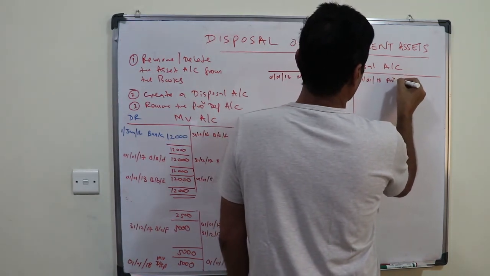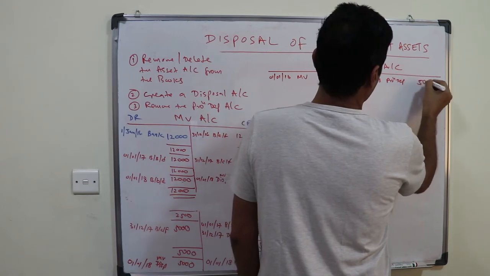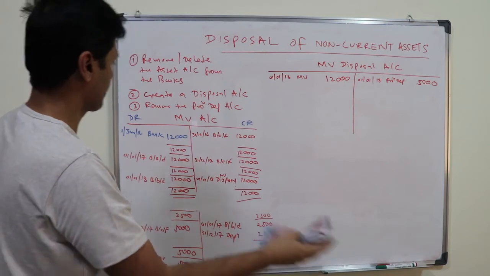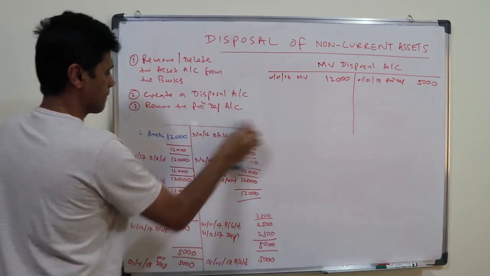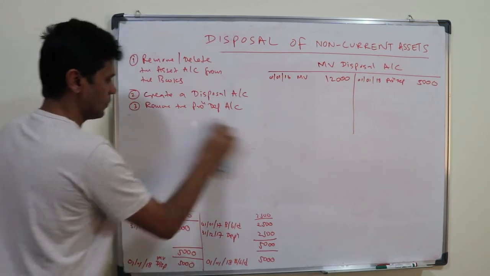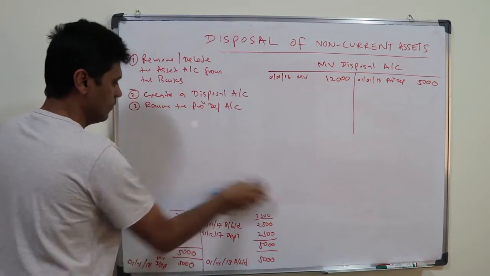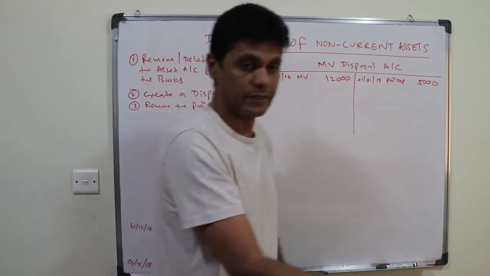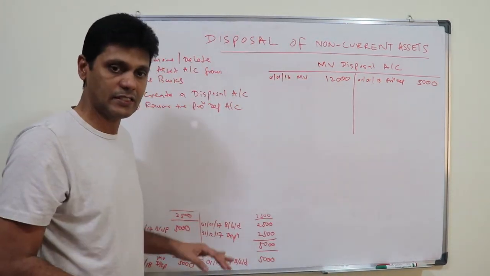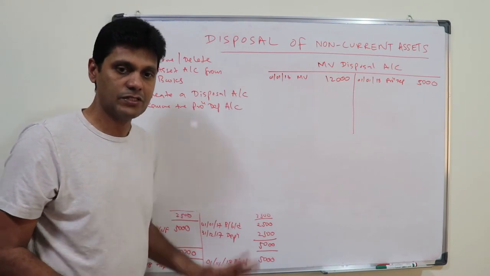Provision for depreciation account 5,000. So thereby we have deleted or removed the asset account as well as the related provision account.